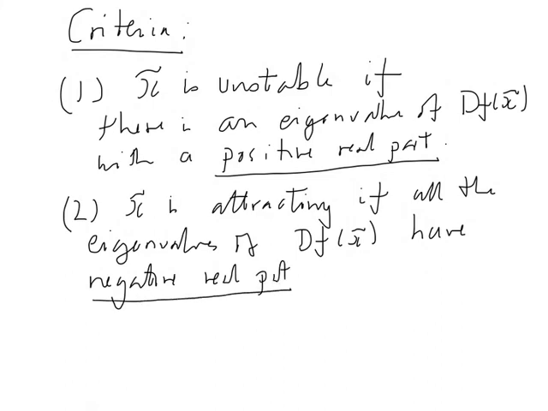Okay? So what's happening then is that if all of the eigenvalues are to the left, that corresponds to decay somehow, and that means then that you have attraction. So this has given us now a criterion for attracting and a criterion for instability that are somehow complementary to each other, and those are the two important things that we'll need and use.